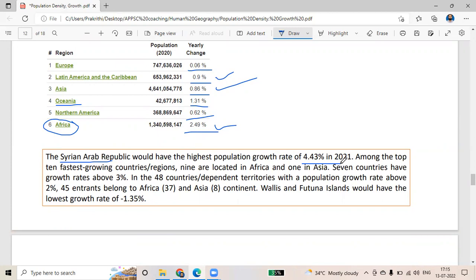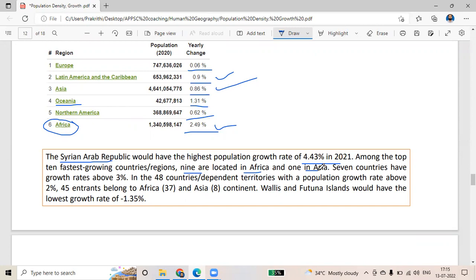Other than this, among the top 10 fastest growing countries, 9 are in Africa and 1 in Asia. So that's why I said the biggest problem is in Africa. We know countries like Somalia, where people are struggling for food and water. There we can see maximum population growth.